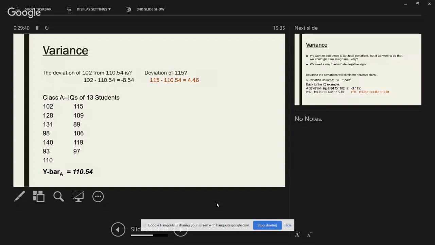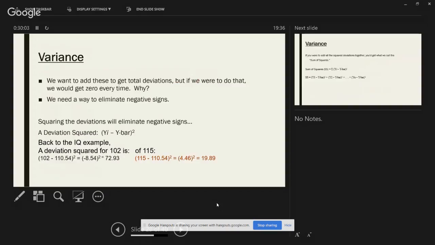We just have to subtract the mean value from the yi. So in the case of 102, it will be minus 8.54, and in the case of 115, it is going to be 4.46. So that is the calculation of deviation.